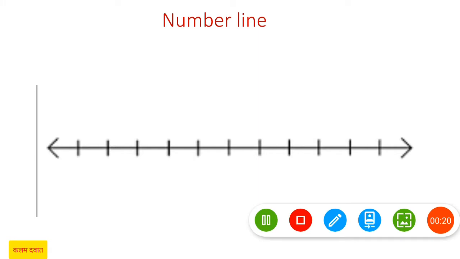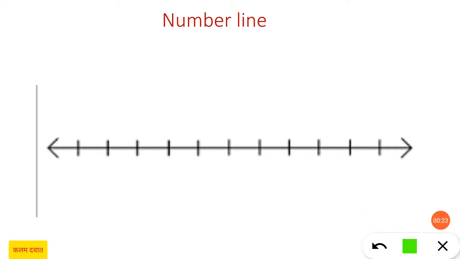So if I start with 0, as we move to the right side we get 1, 2, 3, 4, 5 and so on, which are positive numbers.